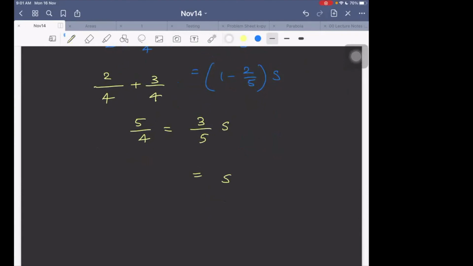It's basically 3 by 5 being multiplied on s. So when 3 by 5 goes to the other side, it becomes division, right? And division by a fraction is nothing but multiplication by its reciprocal. So it is going to be 5 by 4 into 5 by 3. So your answer is 25 divided by 12.